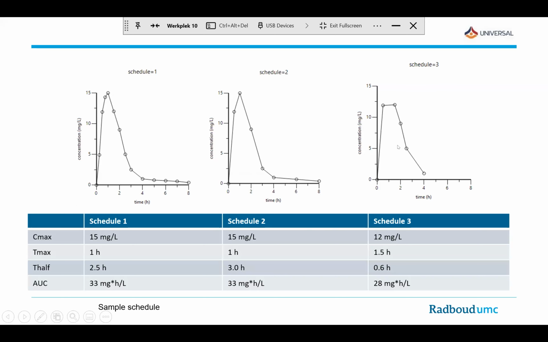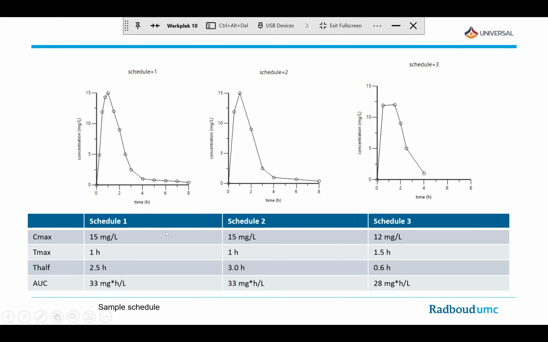But when we look at schedule 3, you already see that something goes wrong here. We are missing the real Cmax. Here you see that we've got even fewer sampling points, and it will be very difficult to see the real excretion points at the end.